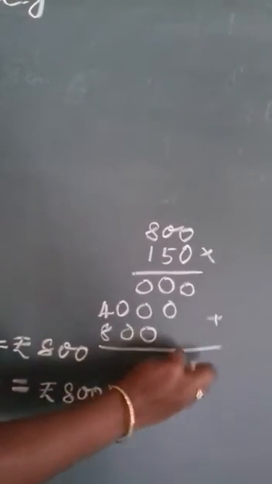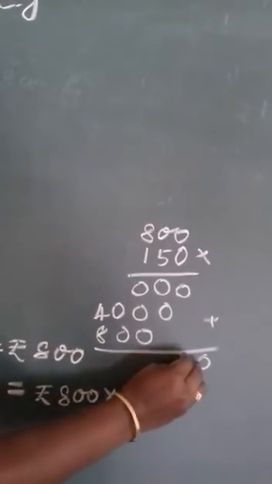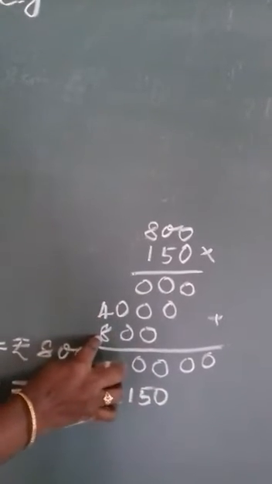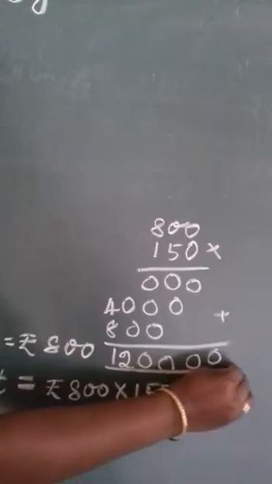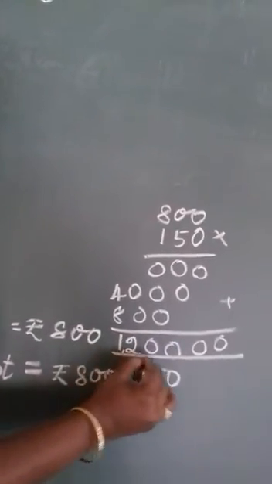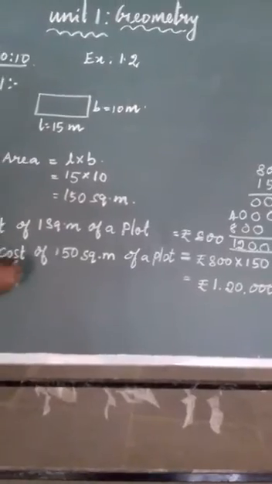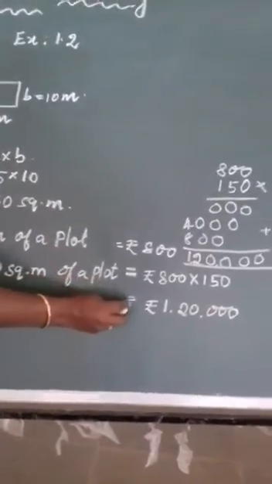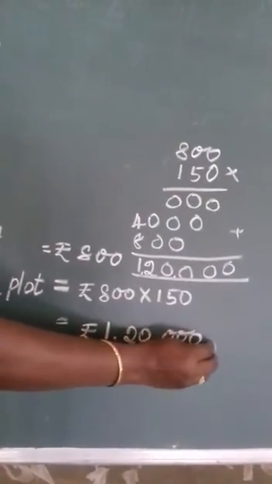We have to add these three numbers: 0, 0, 0, 0, 0, 0, 4 plus 8, 12. Therefore, cost of 150 square meter of a plot equals rupees 1,20,000.